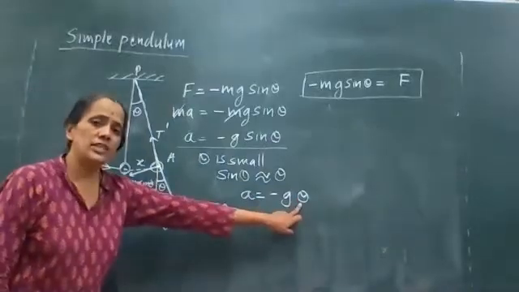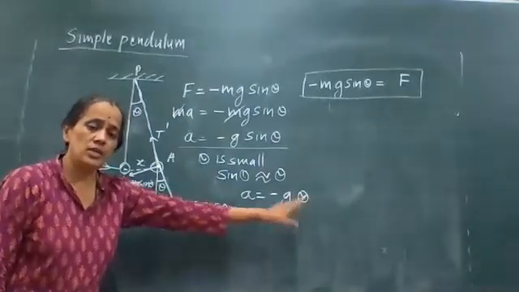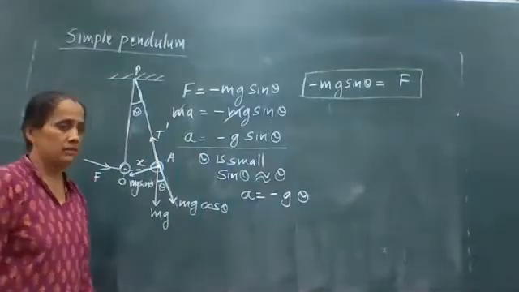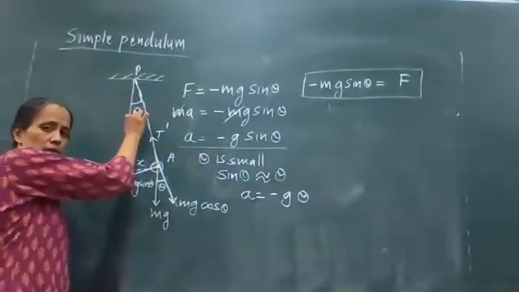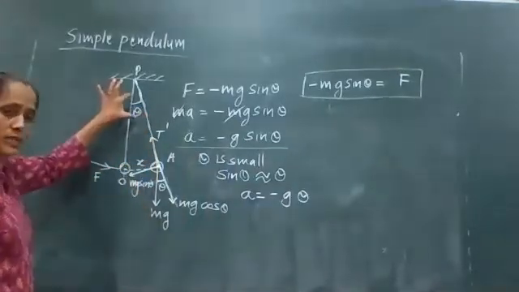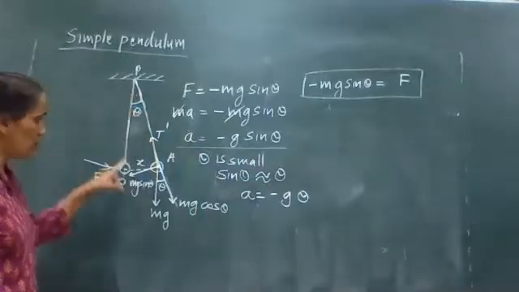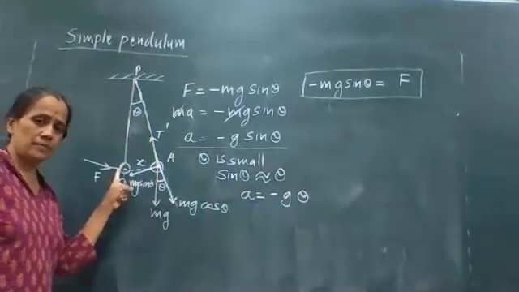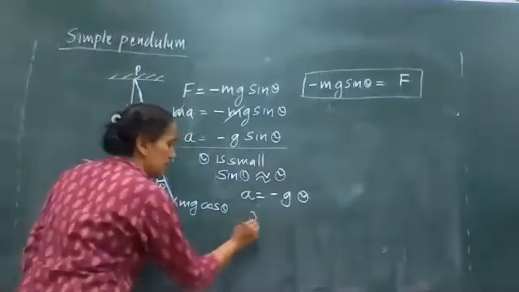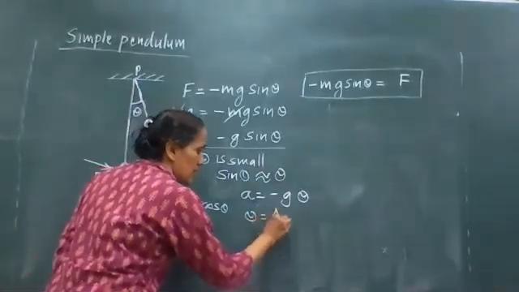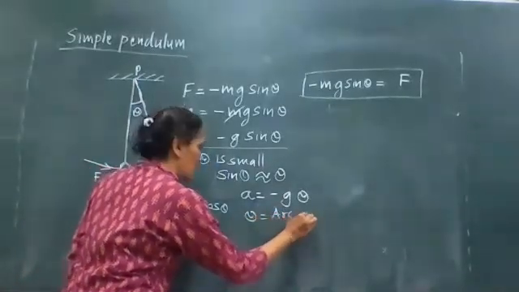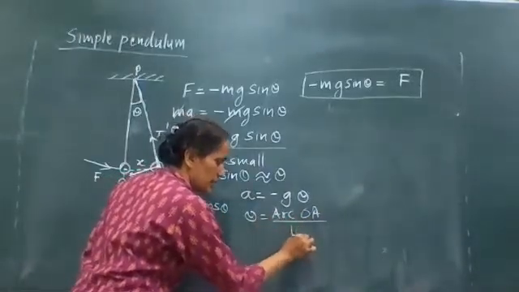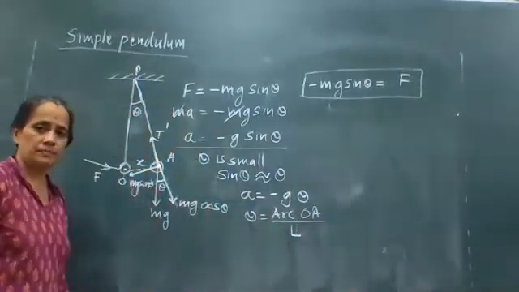Now I can write for this theta using the definition of angular displacement. In angular displacement we have seen that angular displacement theta is equal to arc length divided by radius. So I can say that theta can be written as arc length OA upon radius. Radius is nothing but the length of the simple pendulum.